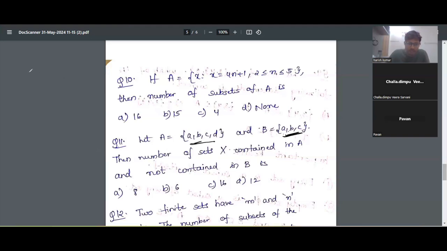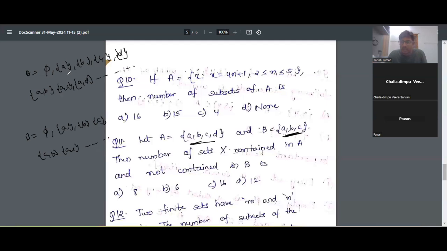For set A, we have the empty set, {a}, {b}, {c} and {d}. Then we have {a, b}, {a, c}, {a, d}, and so on. For B, we have {a}, {b}, {c}, and then {a, b}, {a, c}, and so on.